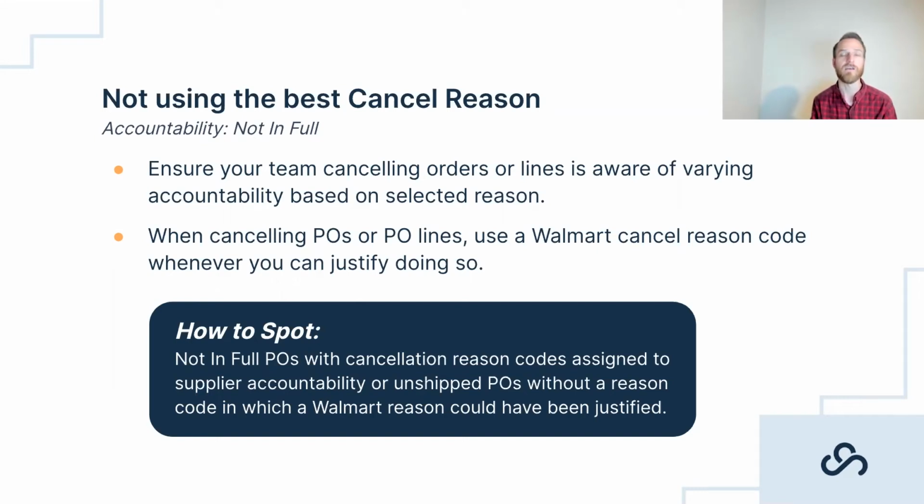You can still get fined for those canceled cases, even if you go through that cancel process. It all depends on the reason code that is picked when you cancel. There's a list of reason codes you can use when you're canceling, and each reason code has an owner.